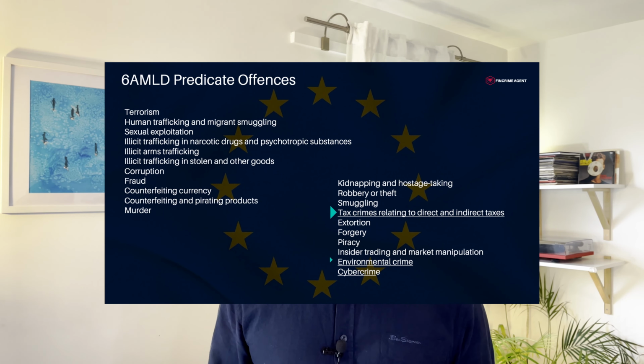The aim was to close outstanding legal loopholes in the bloc so that criminals cannot move their money laundering activities from one jurisdiction to another. To do so, the 6th AMLD expanded the list of 22 crimes that constitute the predicate offences behind money laundering, ensuring that tax violations, environmental crimes, and cybercrime are now part of this list.